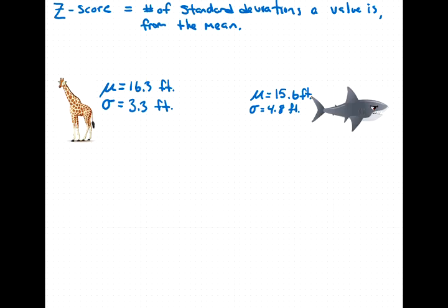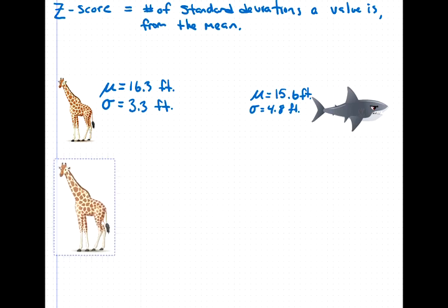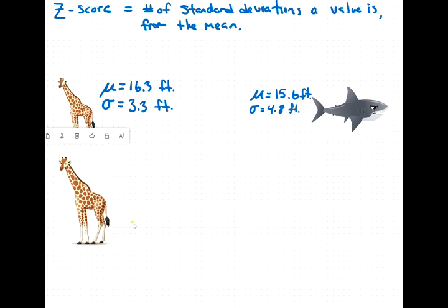Now, let's say you are maybe on a safari and you see a giraffe out in the wild and it's a lot larger than average. Let's say the giraffe you see is 23 feet tall.